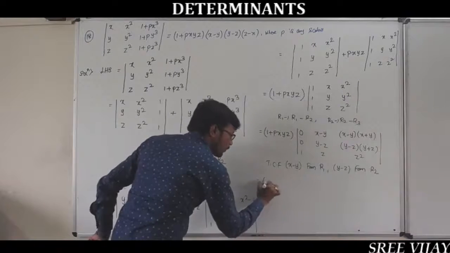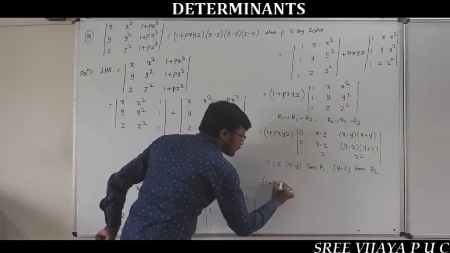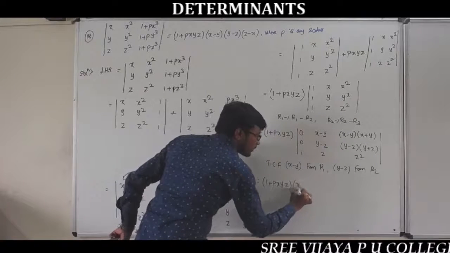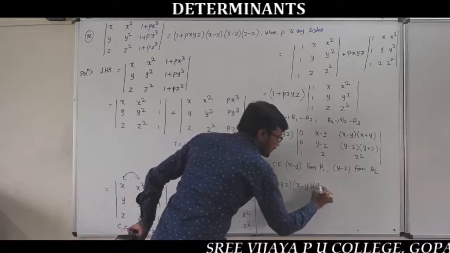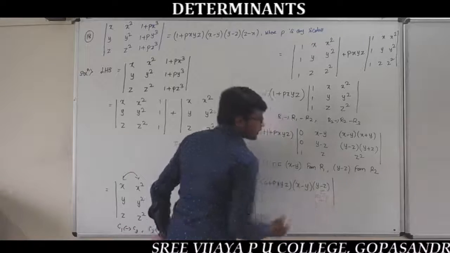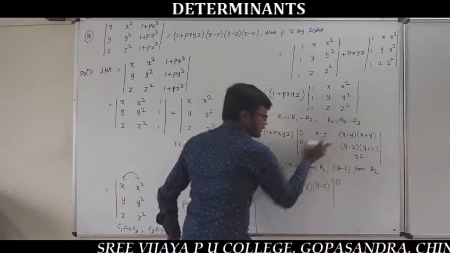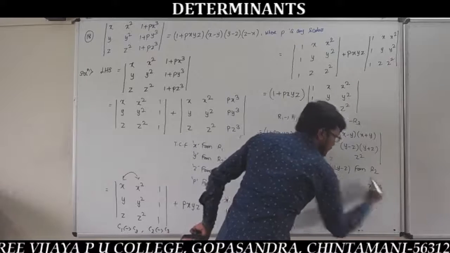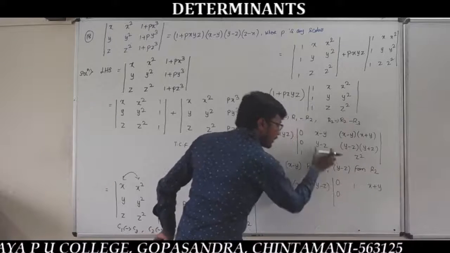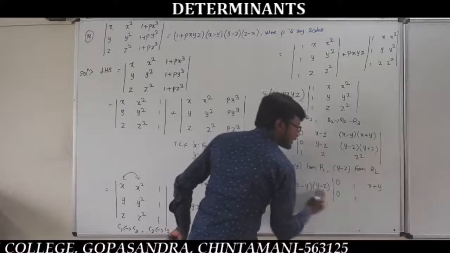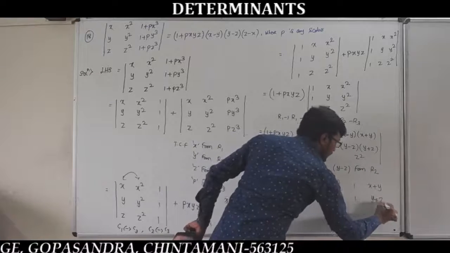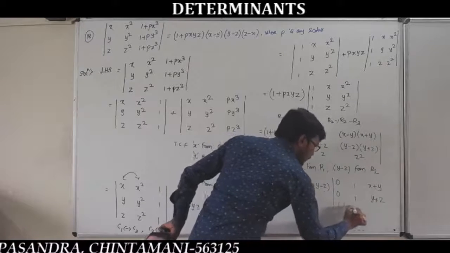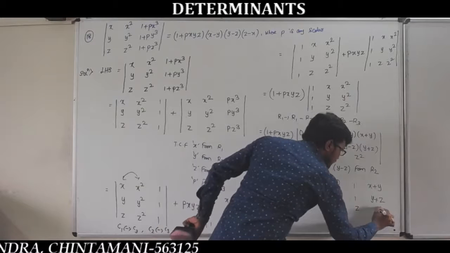So 1 plus p times xyz, which is common, x minus y, y minus z, right? What is remaining in the first row? 0. x minus y common, 1. x minus y common, remaining x plus y. 0. y minus z as common, 1. y minus z as common, remaining y plus z. And the last row is 1 z z square.